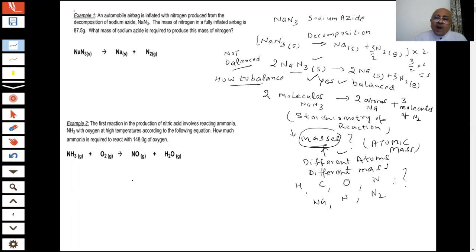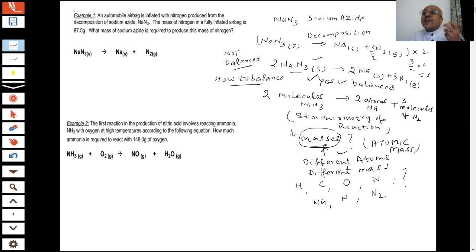Now we have learned how to balance the equation. But you are saying, sir, give me how many grams of this reacts to produce this, how many grams will be produced. Supposing you want to produce 87.5 grams of the nitrogen, student, then how much should I take of this?